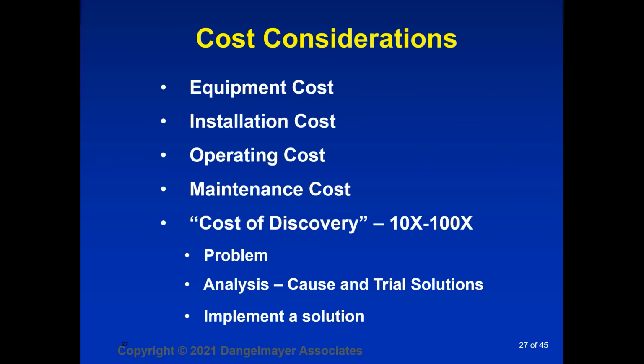Now, you have to go through a period of analysis. You have to find the cause, and you have to find trial solutions that mitigate that cause. And while you're doing that, do you stop producing? Usually not. So you continue during this time of finding the cause and trial solutions, and you continue to have product losses. You've decided to implement a solution.